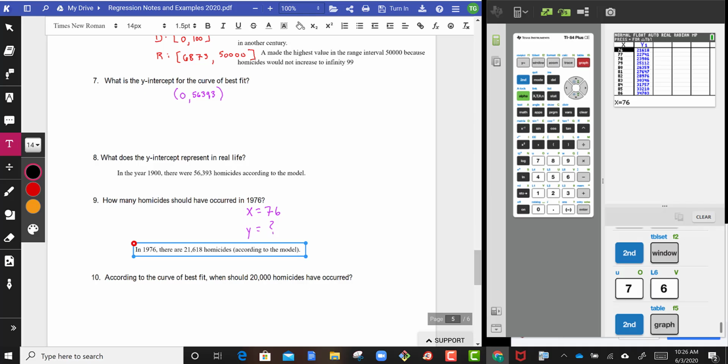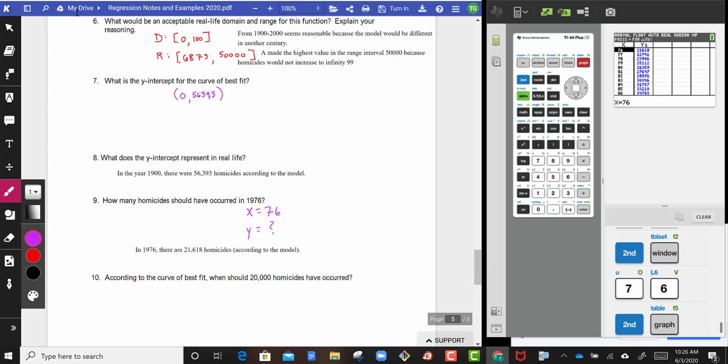And then finally, it says, according to the curve of best fit, when should 20,000 homicides have occurred? So this time they give us the Y value. So Y is equal to 20,000. We have to find X. So you can see already we're pretty close at 20,000.